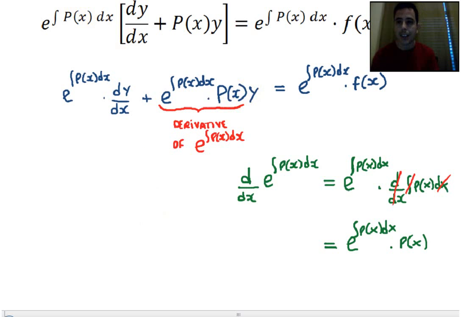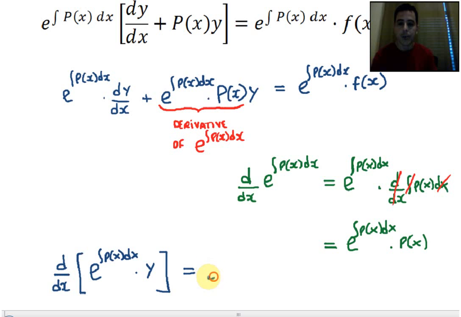So I can write that expression as d/dx of e to the integral p of x dx times y. And then the other side of the differential equation is the same. I didn't do anything on the other side.